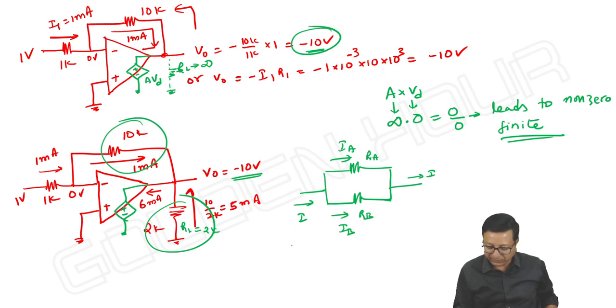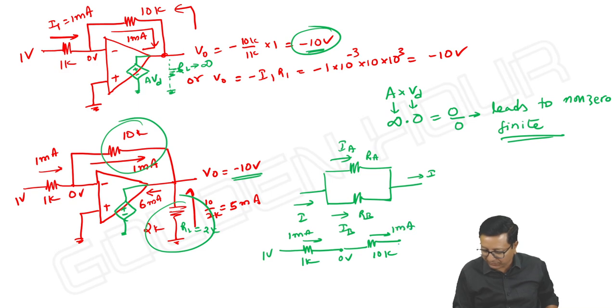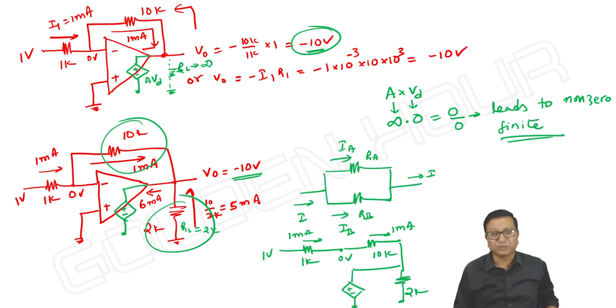Here, in this case, what is happening? If you observe, from 1K, due to virtual short, it is 0 volts, next to 10K, and 1 volt. So this current I am saying is 1 milliampere, the same 1 milliampere is coming like this. After that, here we have another 2K, and it is going to a voltage source of value minus 10 volts.